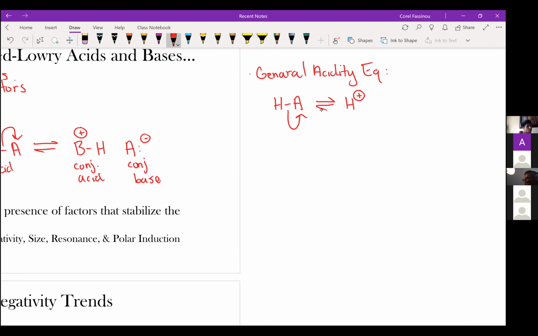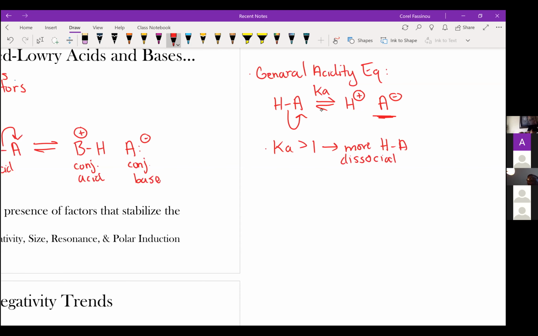You're going to get H plus and A minus, and then bringing back Gen Chem, we'll have that Ka. Let's consider that the more stable this conjugate base is, the more the equilibrium is going to favor the product side. So you're going to have Ka greater than 1, meaning that you're going to have more HA dissociation.